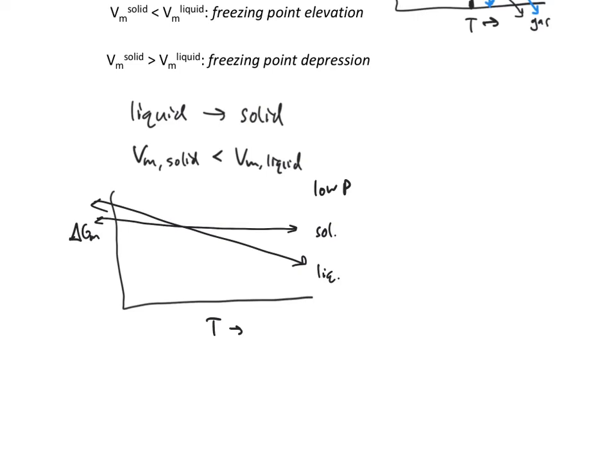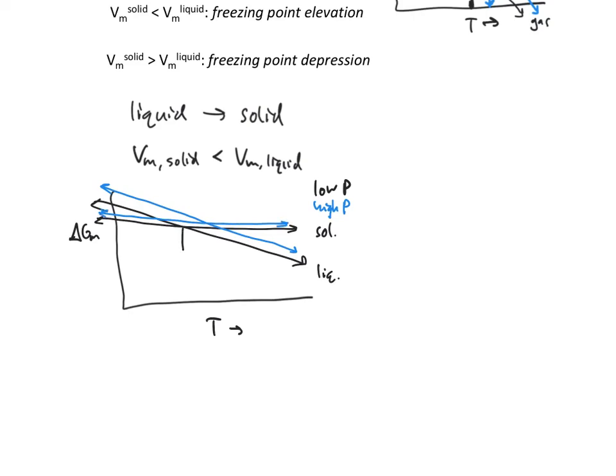Remember, we're going to have a more pronounced change for whichever phase has the bigger molar volume. So that means that our jump in Gibbs free energy from raising the pressure is larger for the liquid than it is for the solid.